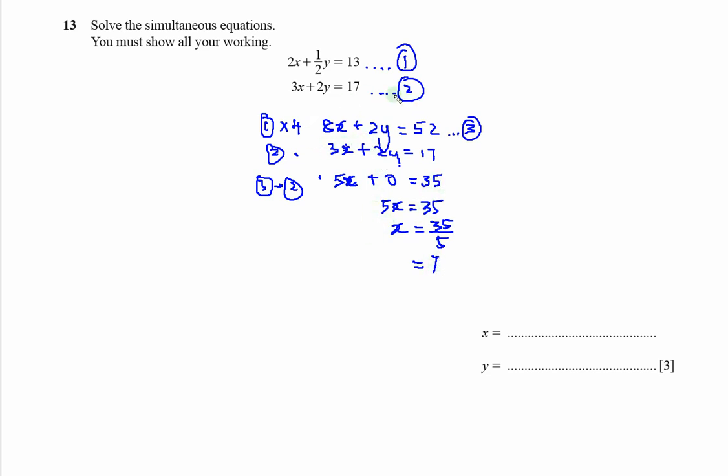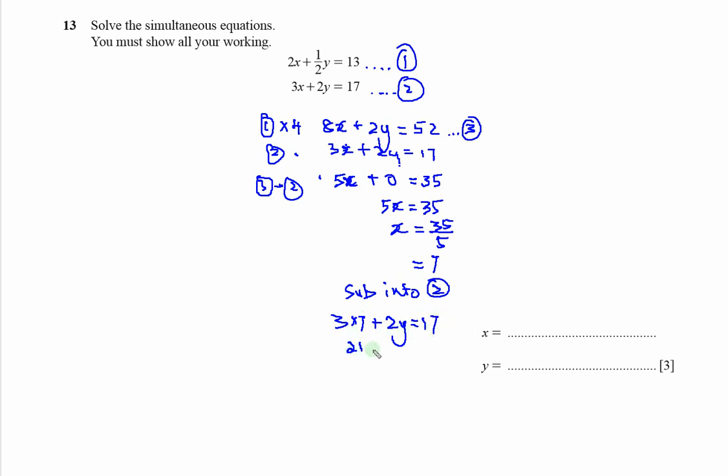Now you go back to these equations and use one of them to find y. It's up to you, but let's use the one without the fraction. So substitute into equation 2: 3, the x is 7 in this case, plus 2y equal to 17.